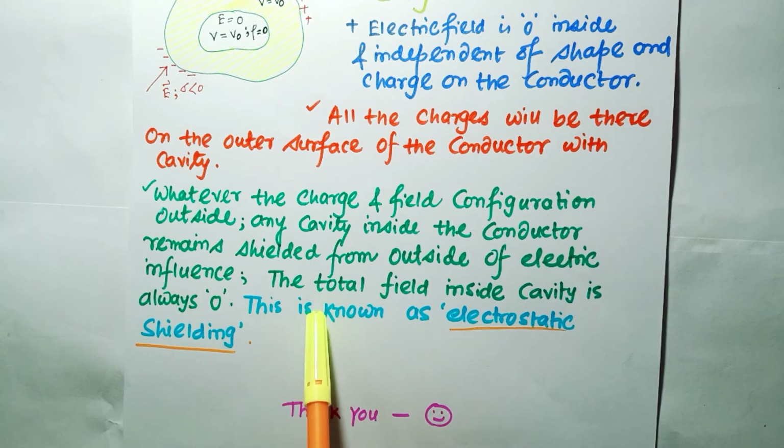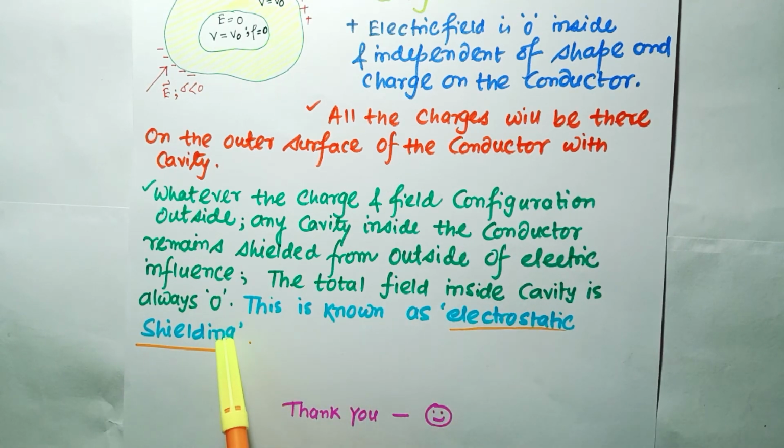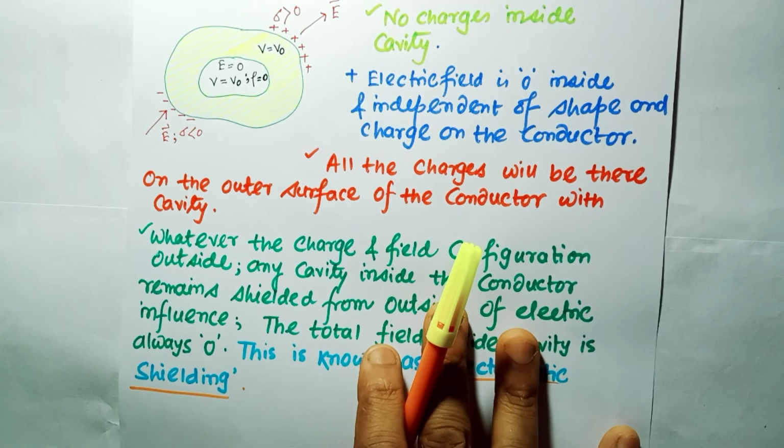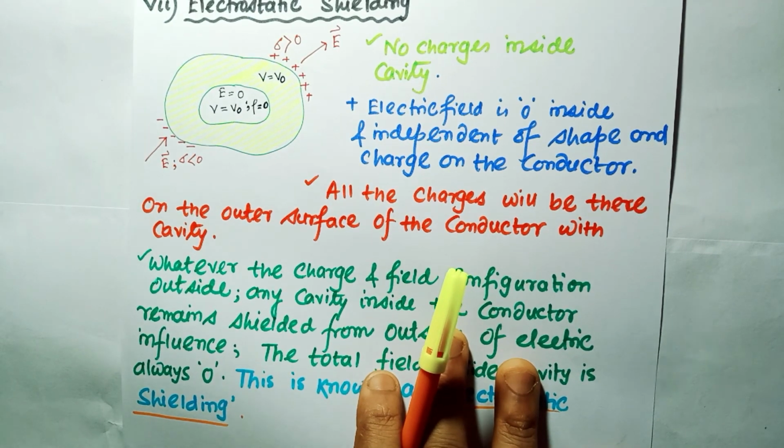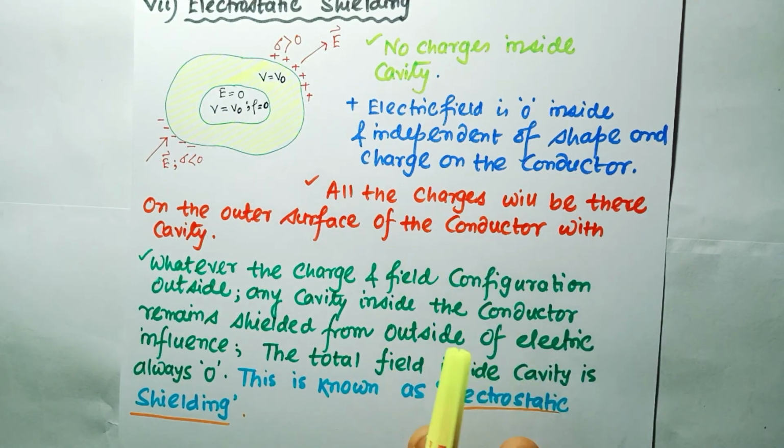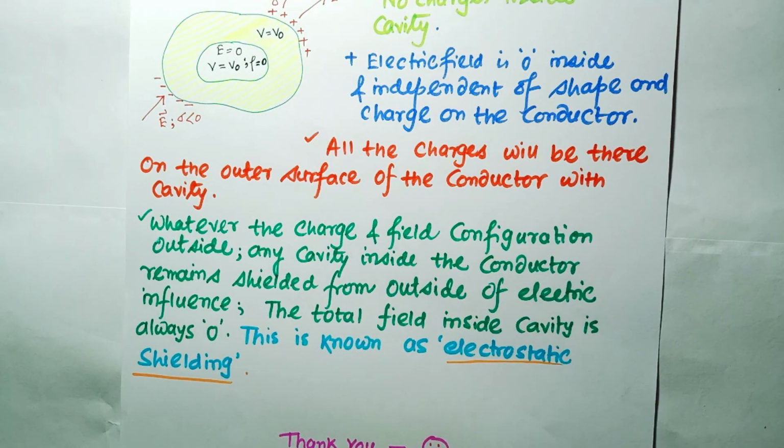Because the total electric field inside the cavity is always 0, this phenomenon is called electrostatic shielding. Sometimes we need to protect sensitive instruments from outside electrical influence, and if we make a cavity inside the hollow conductor and put those things inside this cavity, there will be no influence of the electric field from the outside.